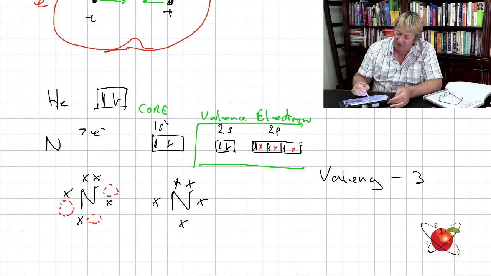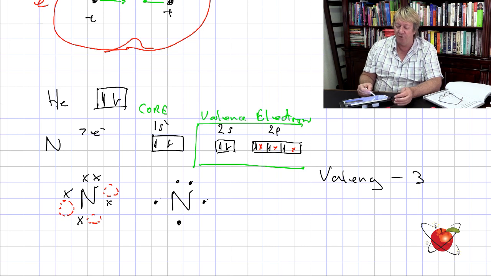So I'm going to change it and I'm going to make it a dot. The only reason I'm making it a dot is because I don't want to be confused with the guy next door, right? There we've got 3 possible bonds there, okay? So this needs 3, this needs 3.